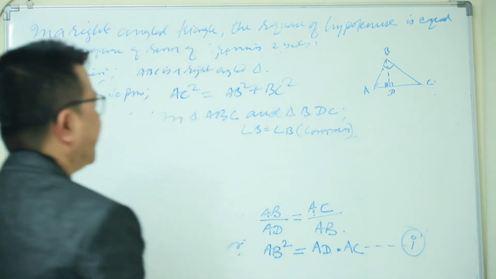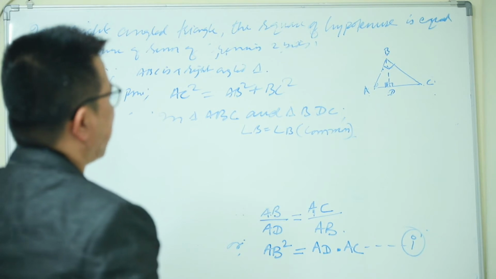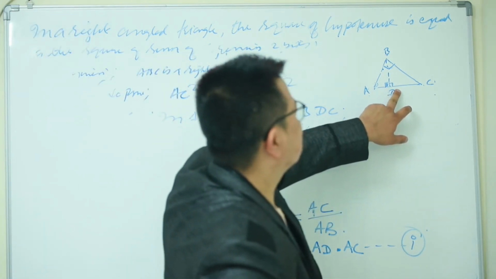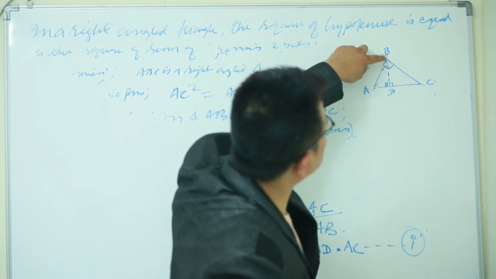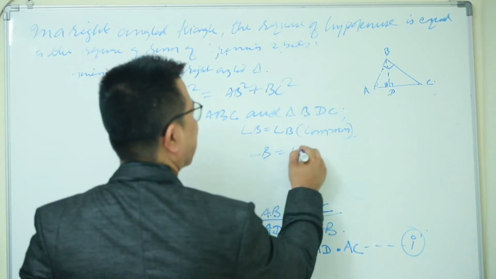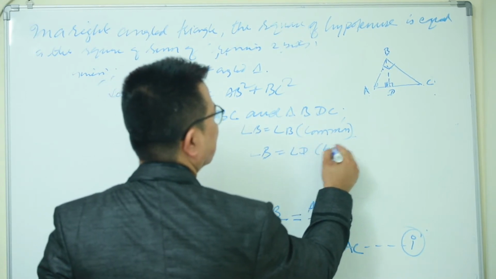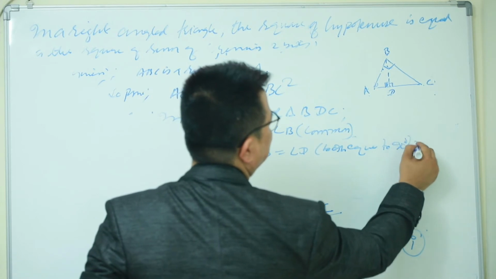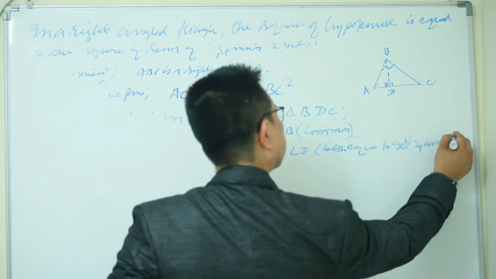Okay? And now, this angle D is 90 degree and this angle B is 90 degree. So what you can write? Angle B is equal to angle D, both equal to 90 degree by construction.